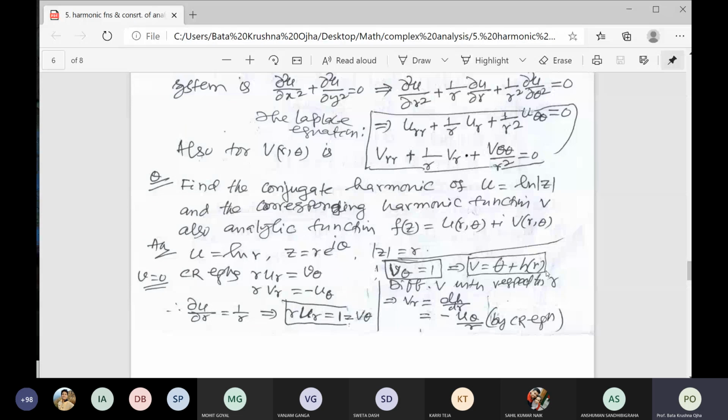Then since it is h of r, what will we do? Differentiate v with respect to r.